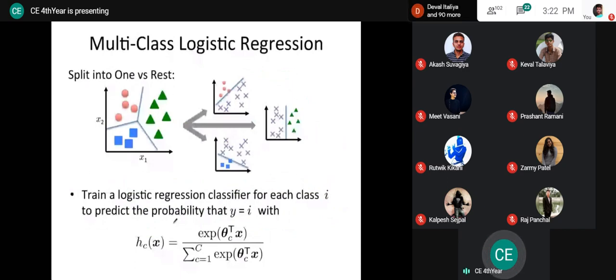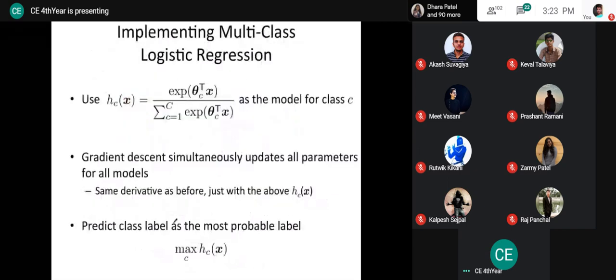Right? And as we have discussed, you can divide your data into 1 versus all. And accordingly, you can calculate the probability values. Right?